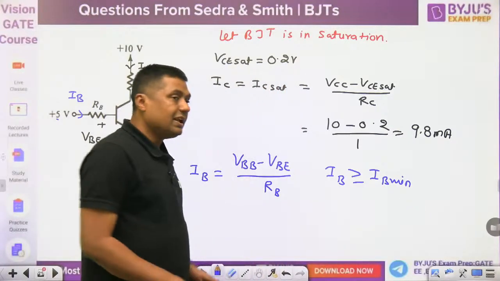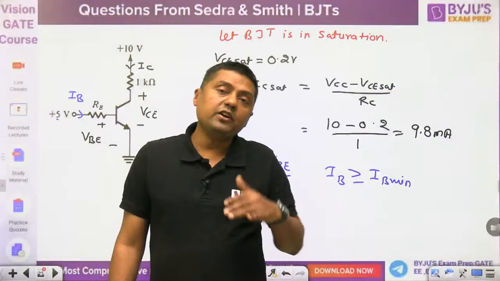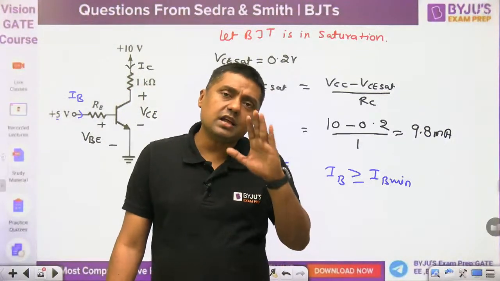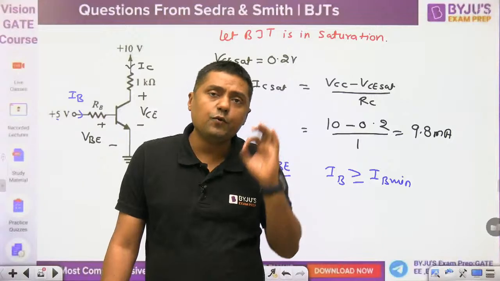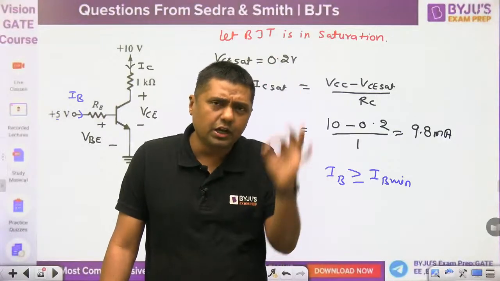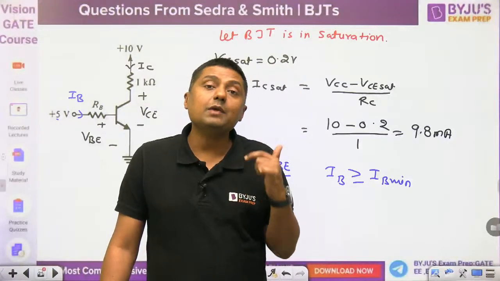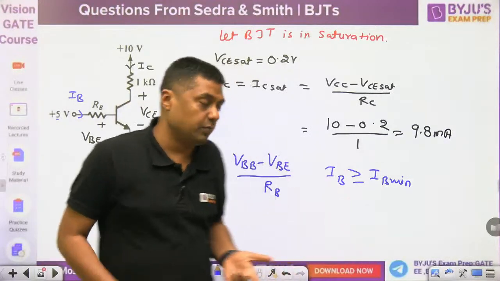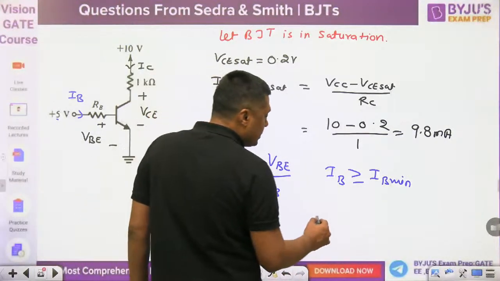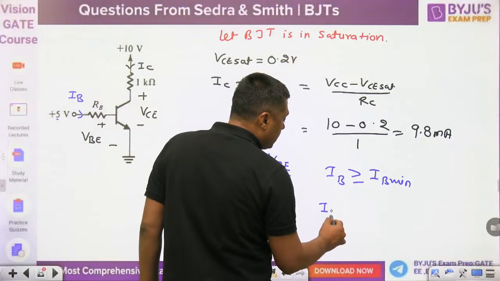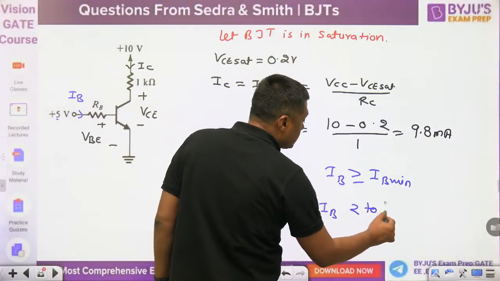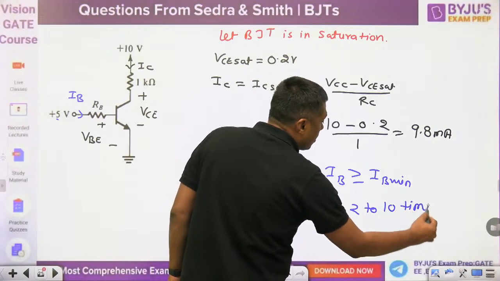Then how many times? If it is just equal, then again it is at the boundary of saturation. But if you want to definitely keep the transistor in saturation, then IB should be 2 to 10 times of IB minimum.